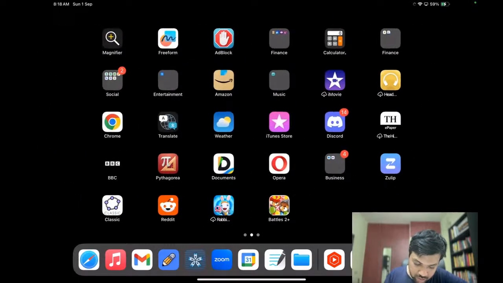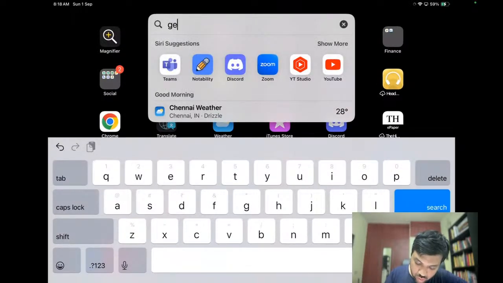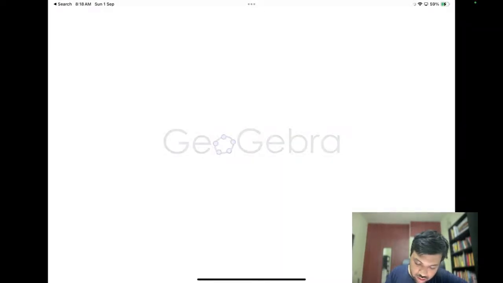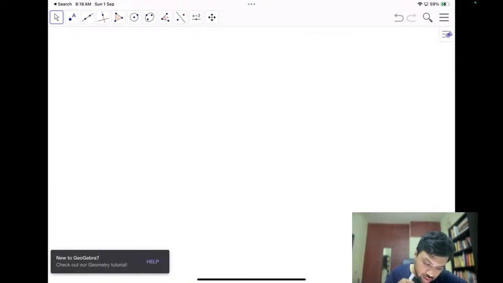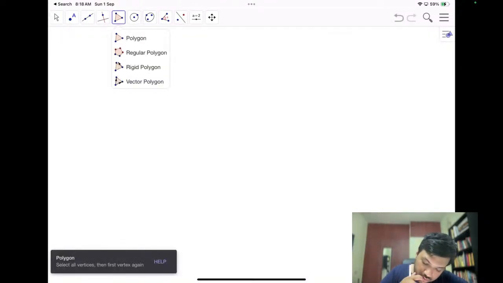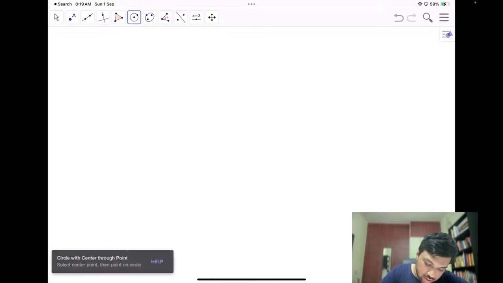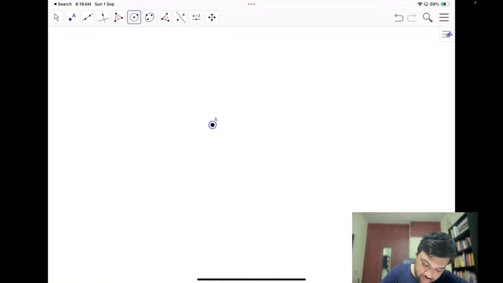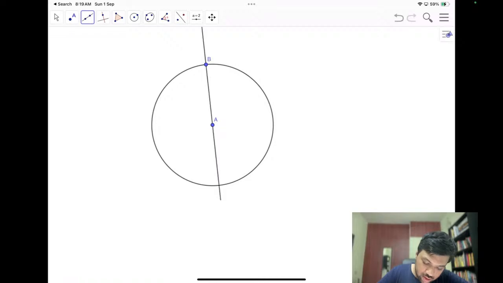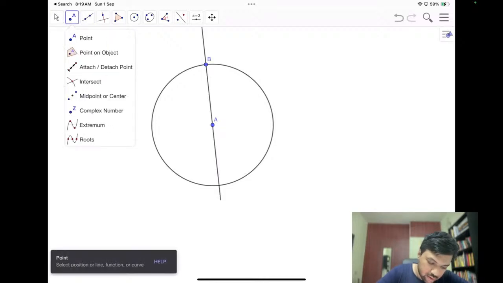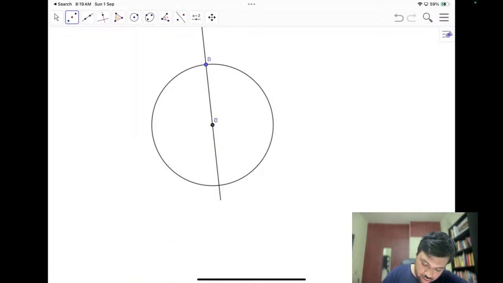So where is GeoGebra? Let's just see. So you start with a circle. Okay. And you draw a straight line. Then you intersect that with this.